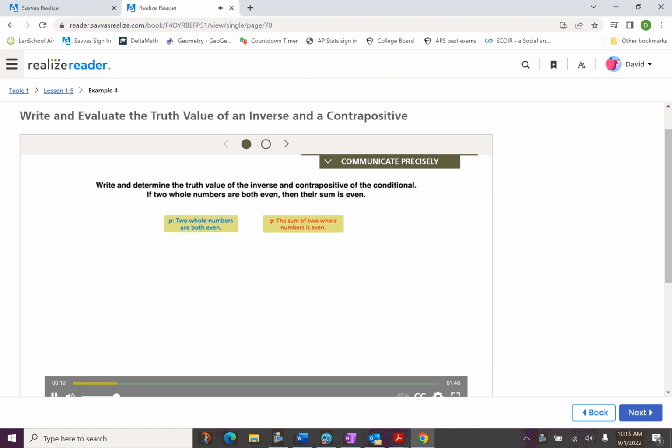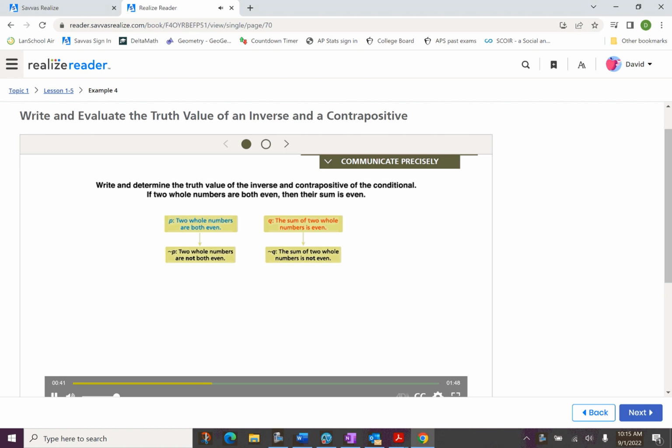Using the given conditional, we can designate P as the statement, two whole numbers are both even. Likewise, we can designate Q as the statement, the sum of two whole numbers is even. The negation of P, called not P, is two whole numbers are not both even. Similarly, the negation of Q, called not Q, is the sum of two whole numbers is not even.